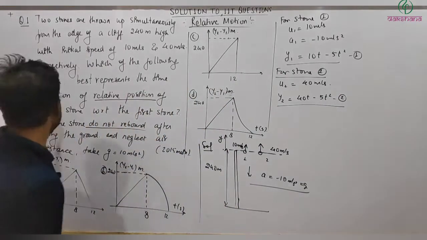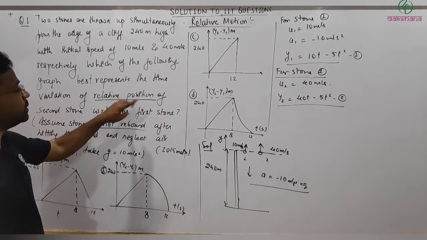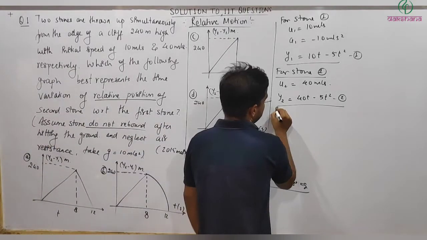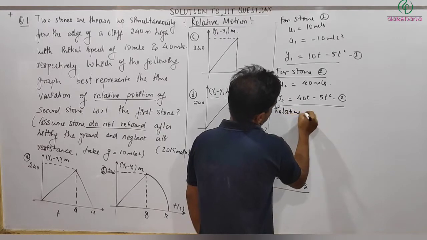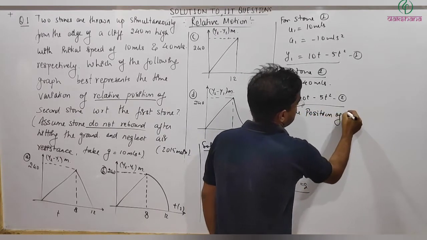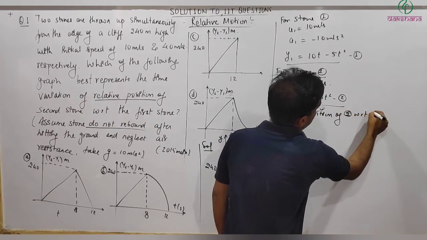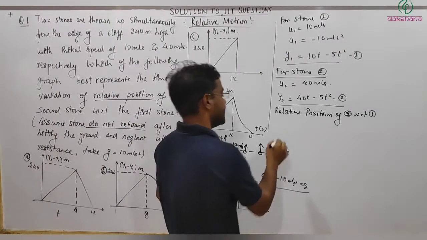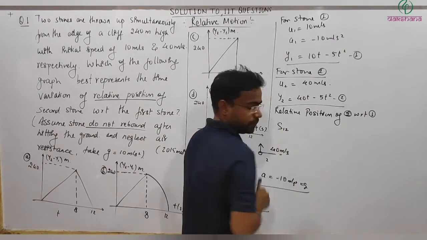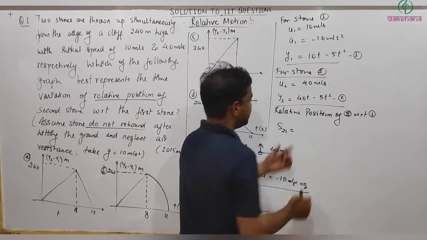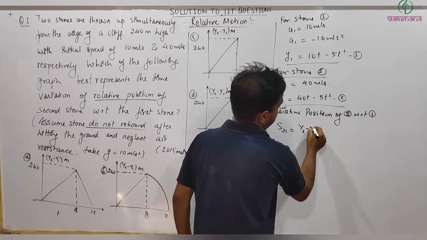Now it is asking the variation of relative position of the second stone with respect to the first, so the relative position of 2 with respect to 1, which I can write as y21, will be equal to y2 minus y1.